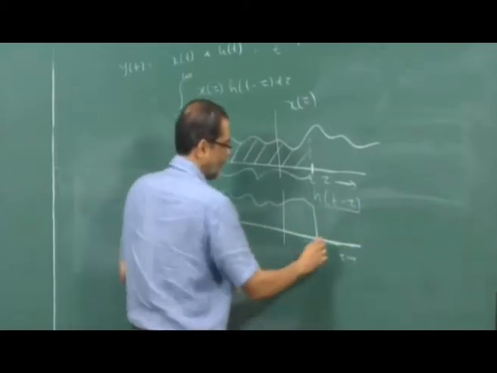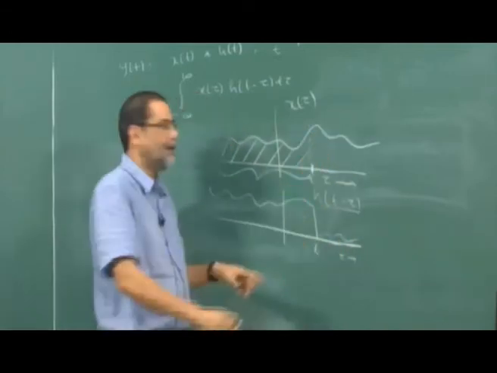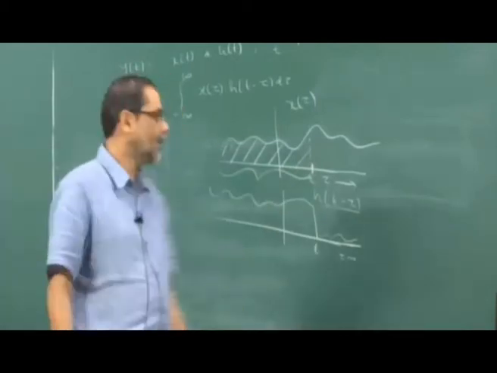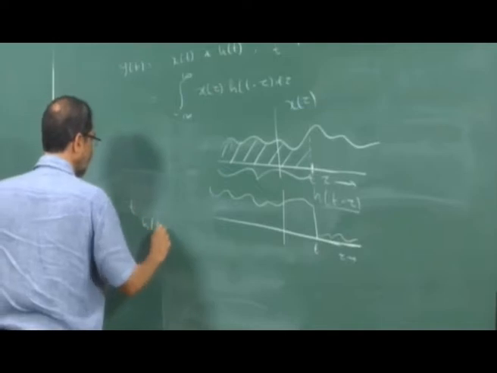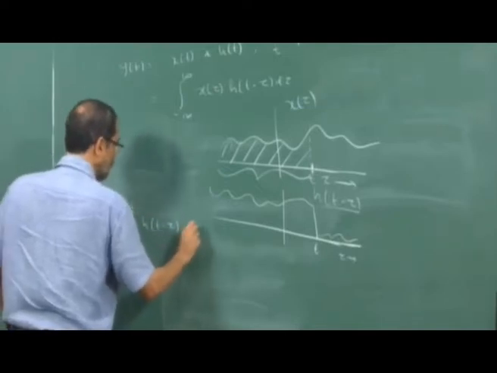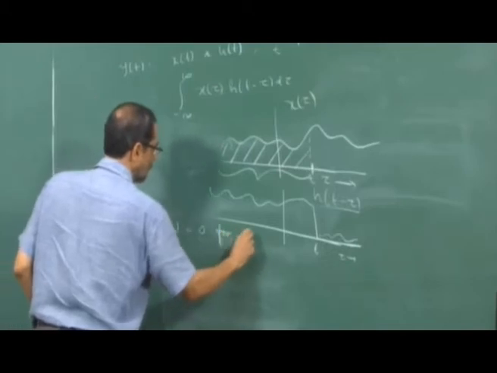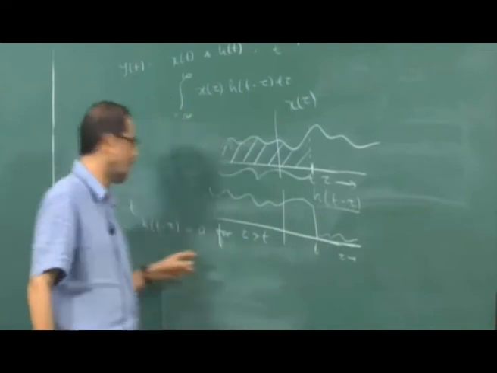If it is non-zero here, then this and this will overlap, and even for time t it will give you output. So one requirement is that at time t, h of t minus tau should be 0 for tau greater than t.